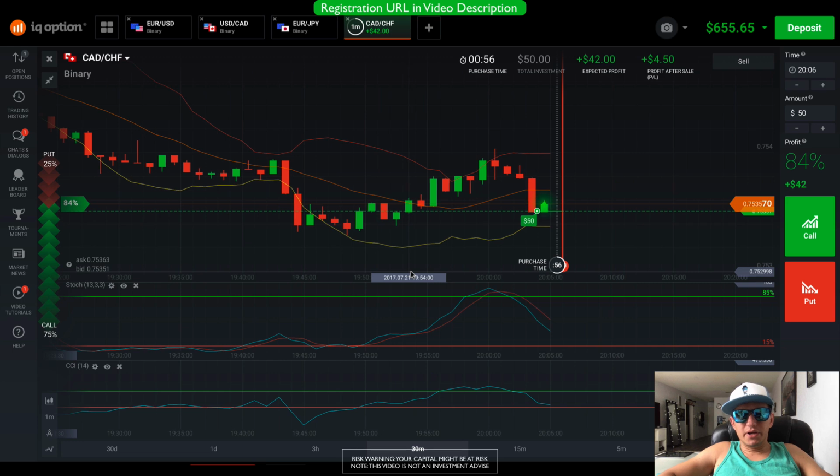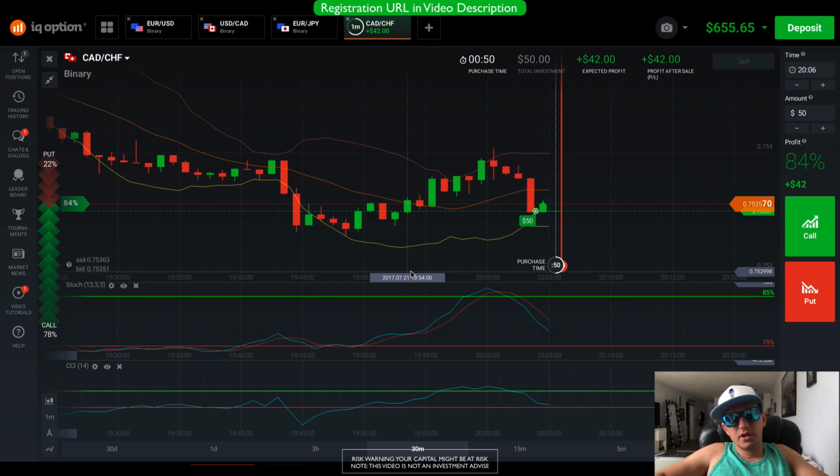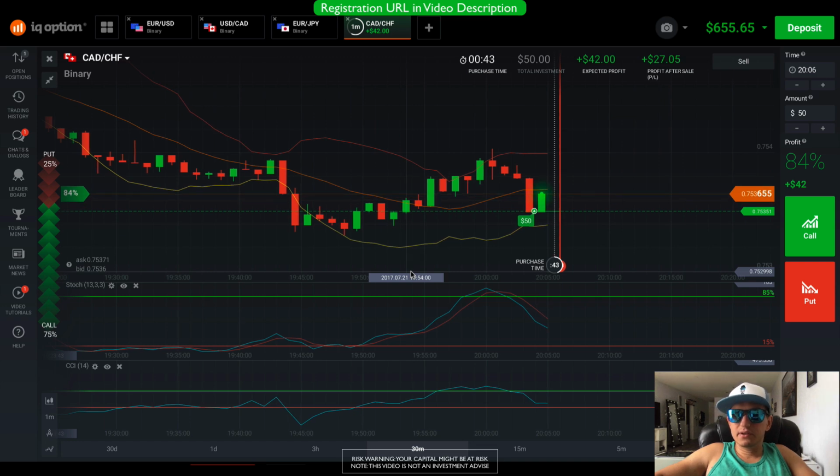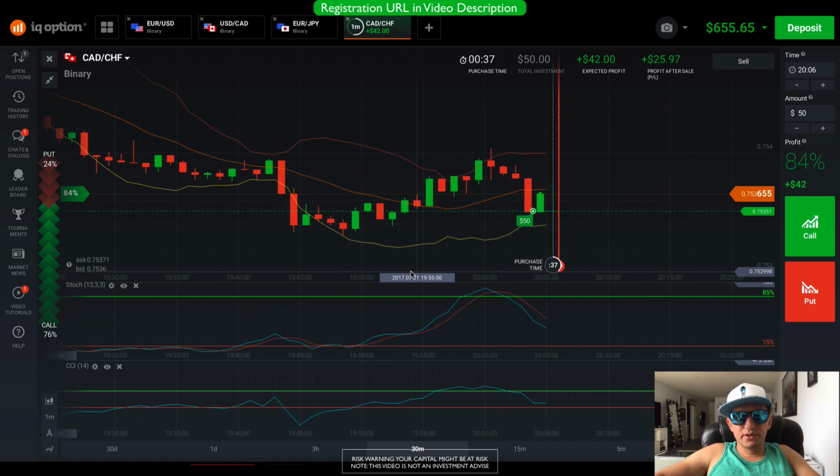So based on this sharp movement that happened in the downwards direction, I made this assumption that the price level should reverse in the nearest time, and this is what is happening right now.